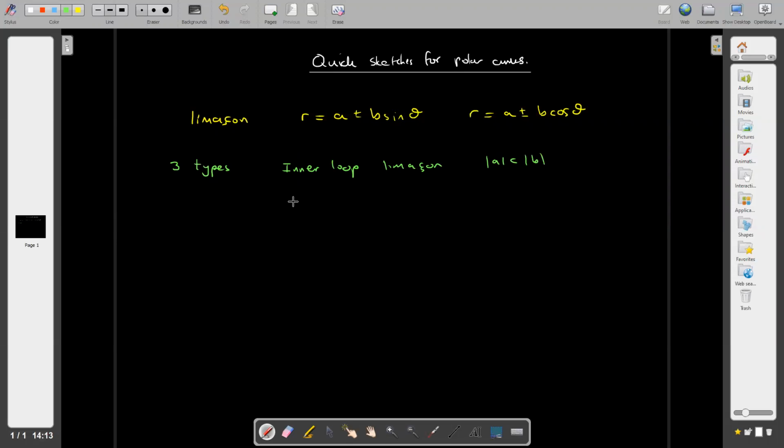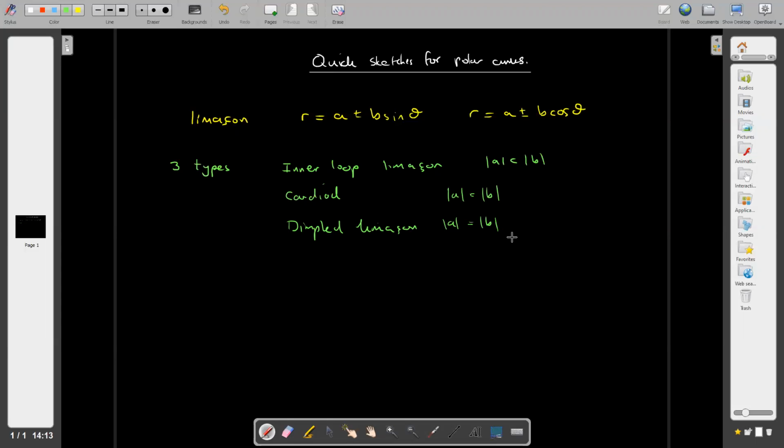We then have a cardioid, the heart shape, and that's when mod a and mod b are equal. And the final thing we would have is a dimpled limacon, which is when mod a is greater than mod b.